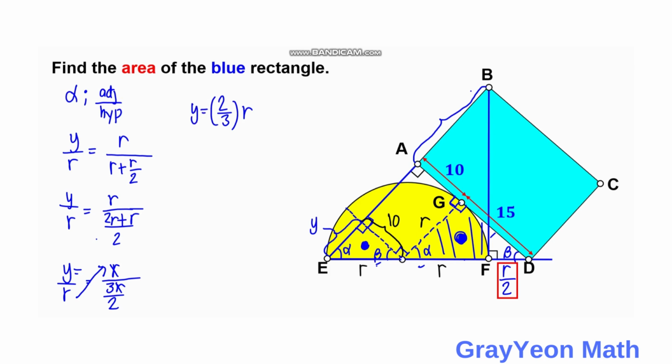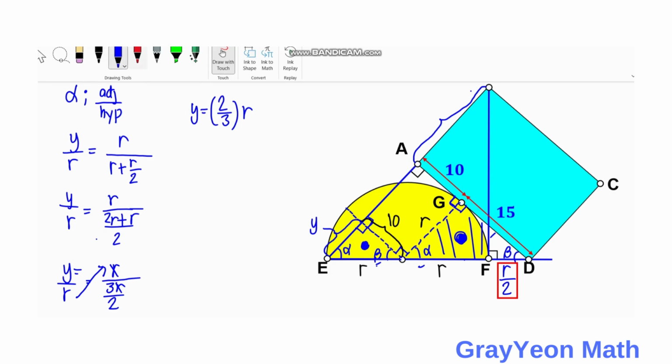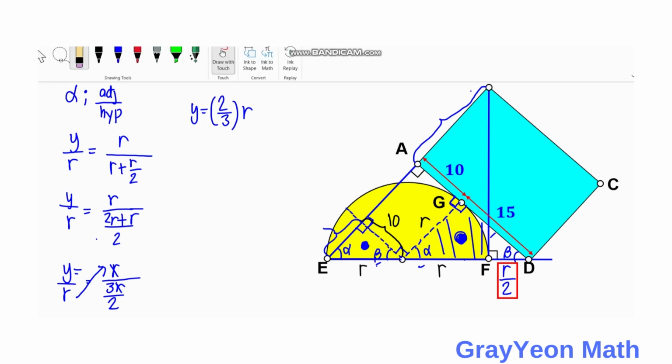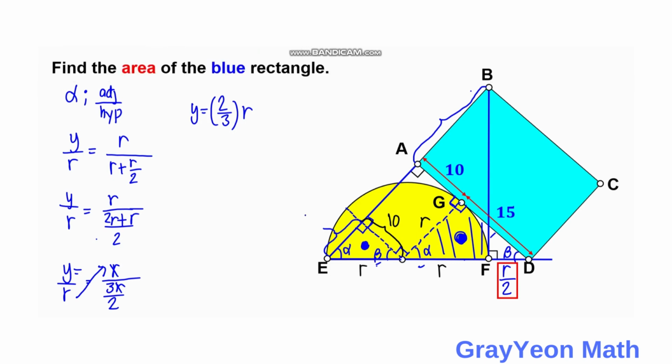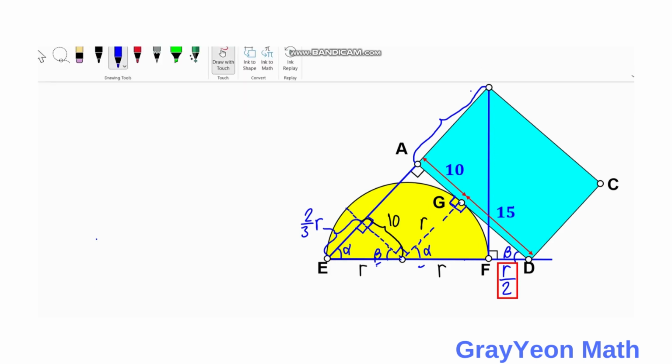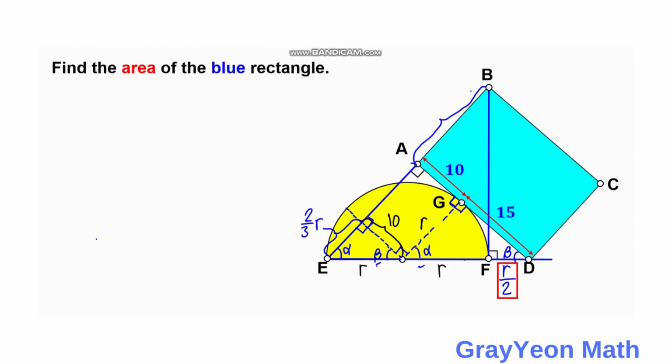So we can replace this y with 2 thirds of r. Notice that this length is also r because it is parallel and has the same length as this length. So that is also r.